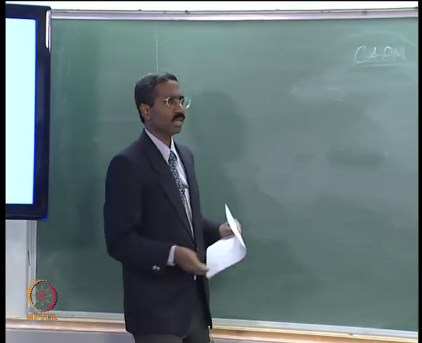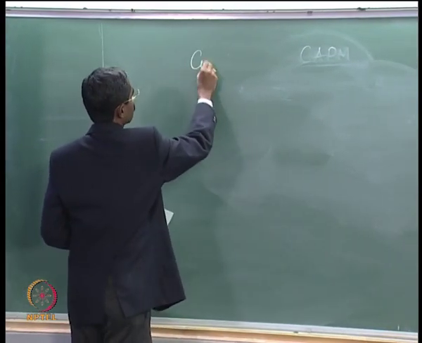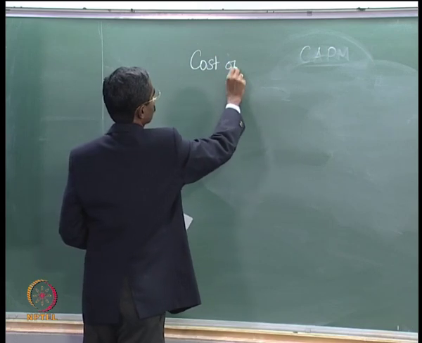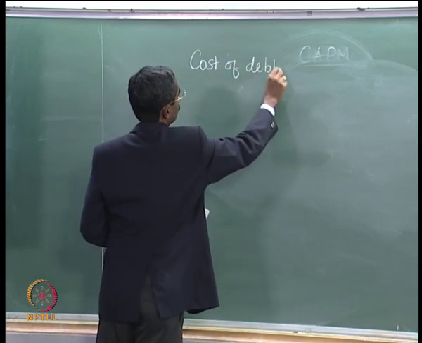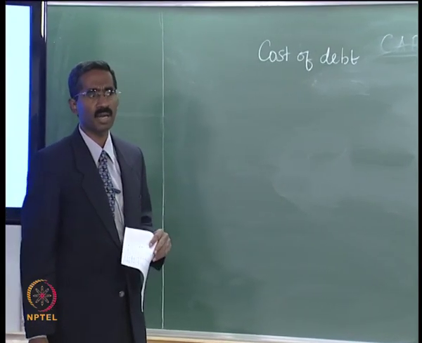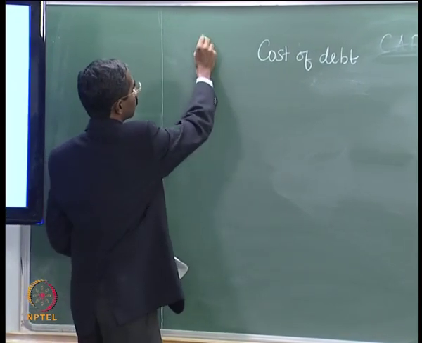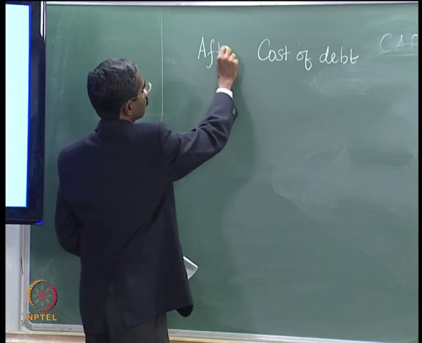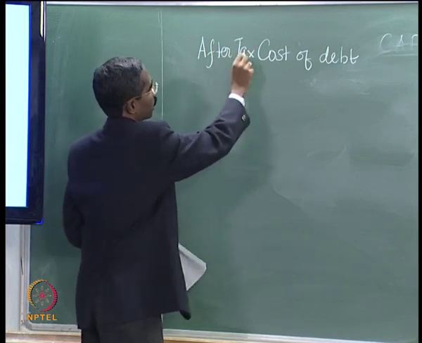So first we will have to calculate the cost of debt. And remember, we have to calculate the cost of debt on an after tax basis. So this is after tax cost of debt.